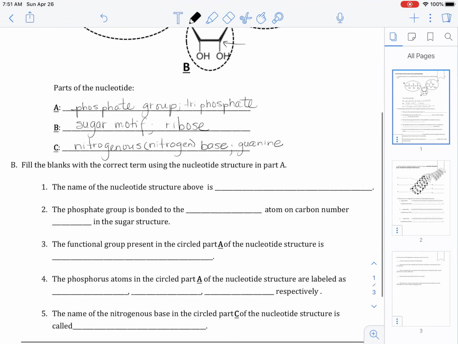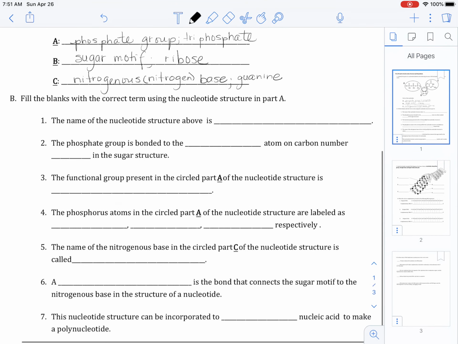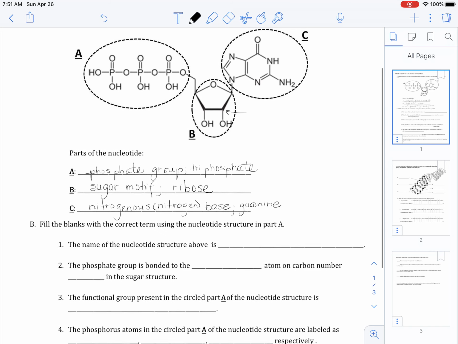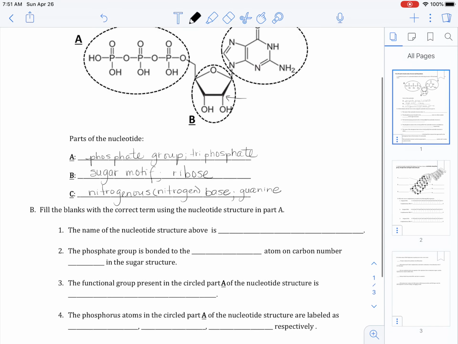Let's move on to part B. We're going to be filling the blanks using the structure in part A. So, the first thing that we need to do is the name of the nucleotide, the structure above.